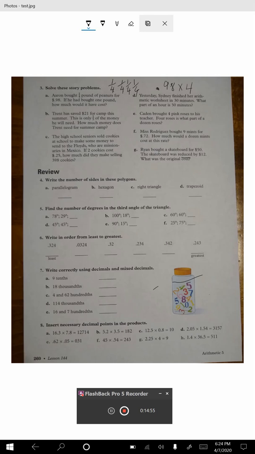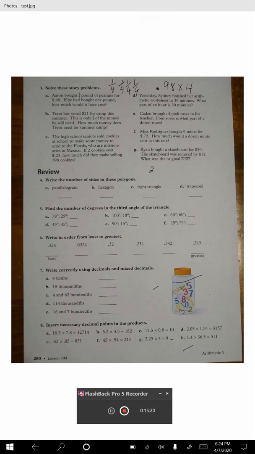Now the next one, Trent has saved $21 for camp this summer. This is only 1/5 of the money that he will need. How much money does Trent need for summer camp? So this we can kind of treat like one of our "is of" problems, okay? Let me set it up like that so you can see it.